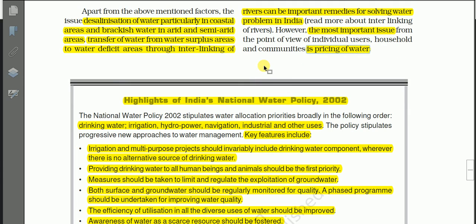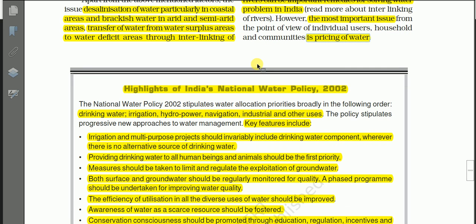We are buying the water, although this is a natural gift. Pricing of water is there, and big industrialists are purchasing the watersheds also. After that they are processing the water and selling it in the market, to the cities and to different parts of India. So this is another problem.